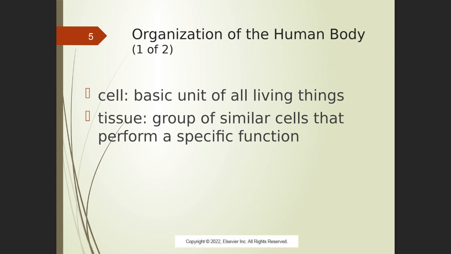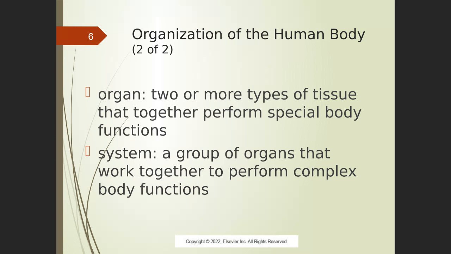It can affect the tissues. So when the cells work together and they're all the same type of cell and they function in the same way, they become tissues. So tissue is a group of similar cells that perform a specific function. Once you have a variety of different tissues working for the same function, they're not the same tissues anymore, but they work for the same purpose, then you have an organ.